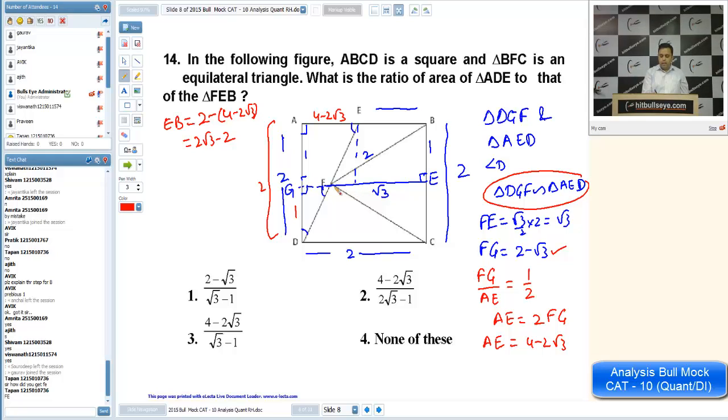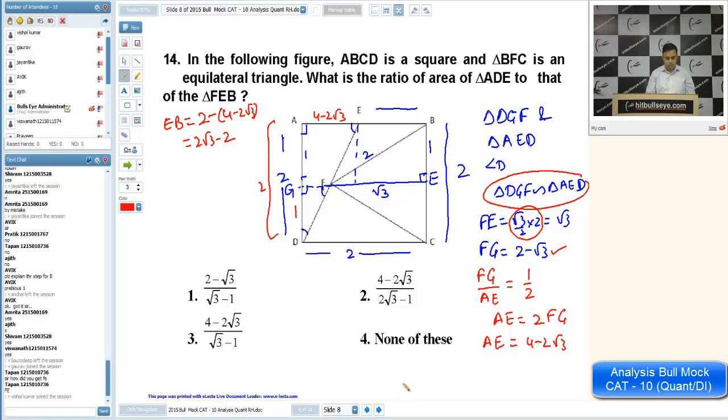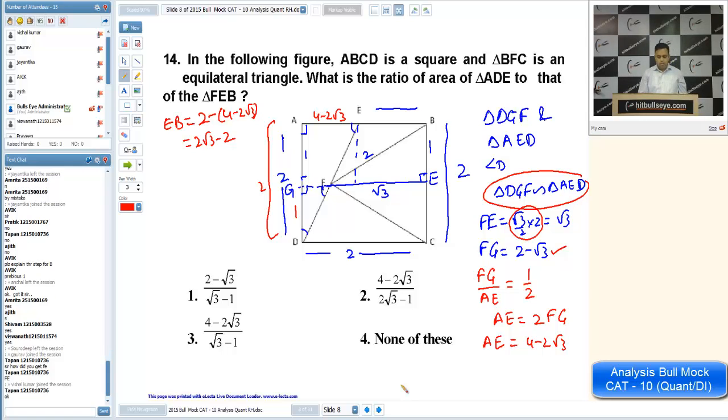FE is nothing but the height of this equilateral triangle, and you can find the height of an equilateral triangle as root 3 by 2 into side, which is root 3. So EB is equal to 2 root 3 minus 2.